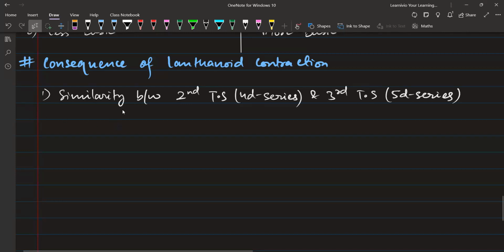Okay. Similarity between the second transition series and the third transition series. Similarity, first of all, similar size, similar properties.